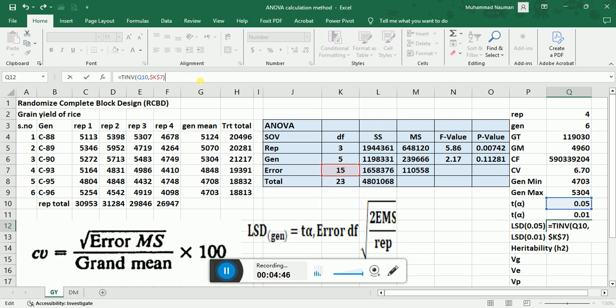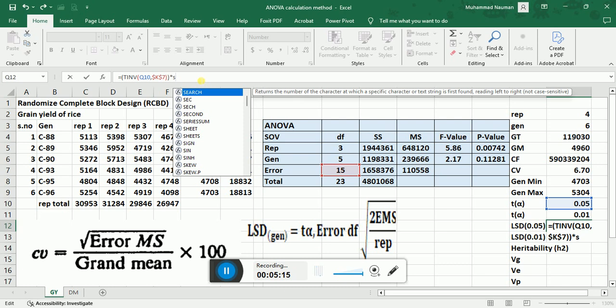Now multiply this and close this whole entry in order to represent this as one value, multiply by square root of 2 into error mean square divided by replication.